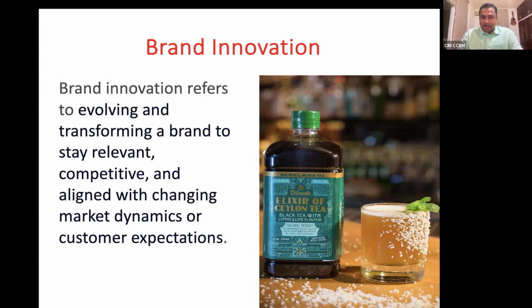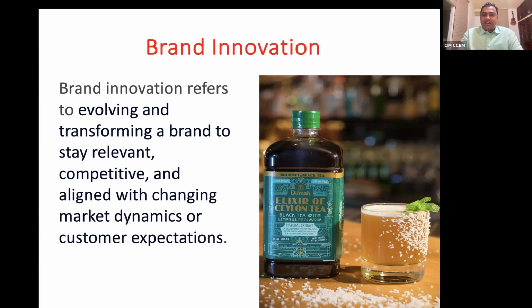It's a natural extract, low sugar. All you need to do is put about 5 teaspoons of this and mix it with maybe ginger ale or something like that. It's non-alcoholic. And then you garnish it with whatever it is. And it's a nice, refreshing drink.